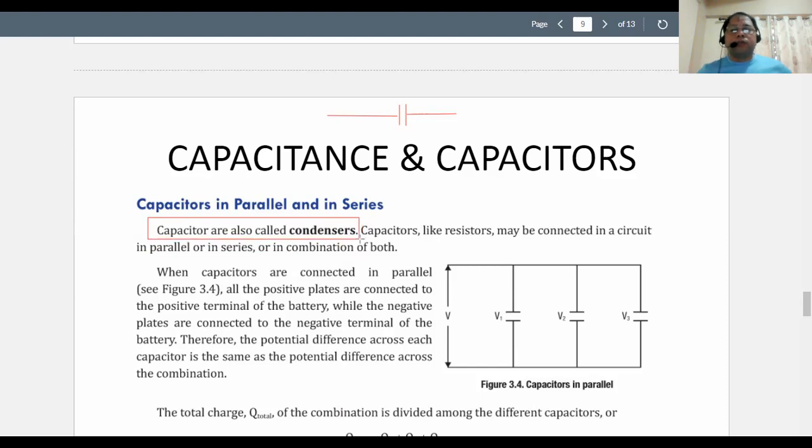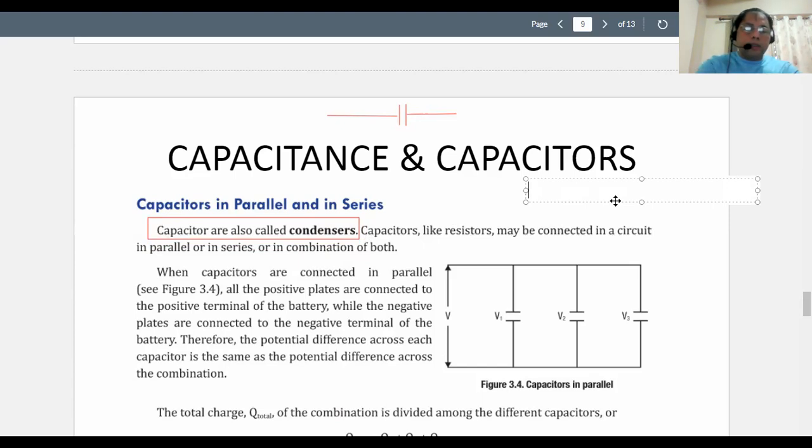So capacitors, resistors, inductors are found in a circuit. But again, capacitors are devices that can accept or keep some amounts of charge that are useful in a circuit.